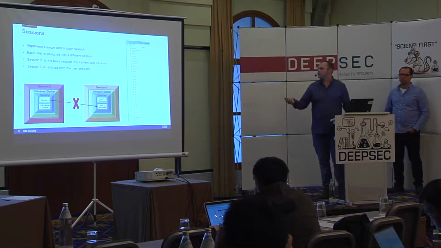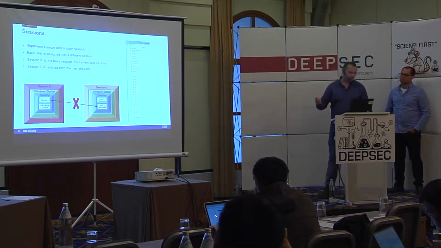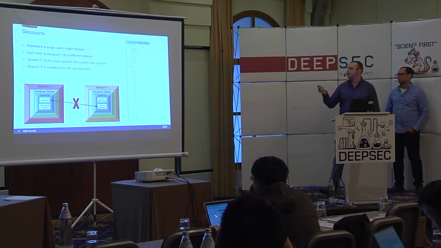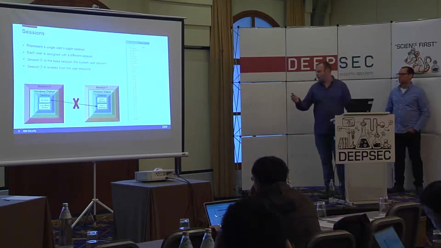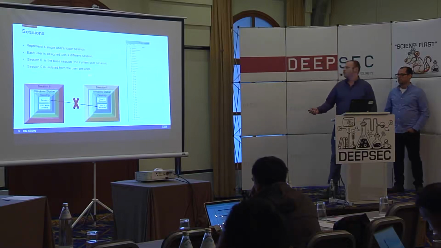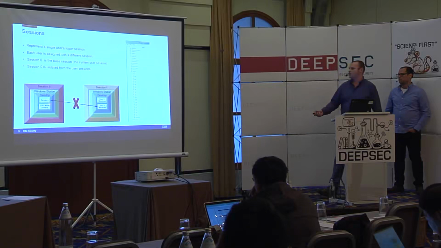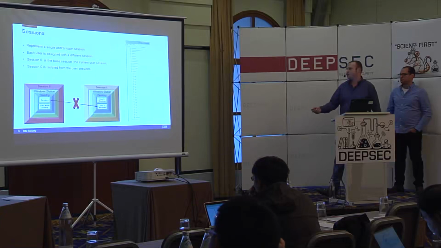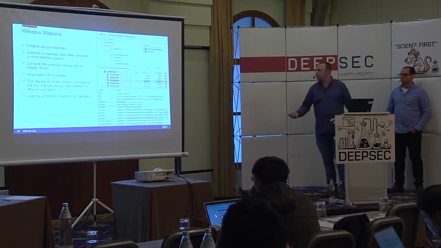Session 0 is a little bit unique because it represents the system user session, and it's isolated from all the user sessions. On session 0 all the services and user mode drivers are running, and on the other sessions are all the users' windows. There is isolation between them, so one can't affect the other and vice versa.